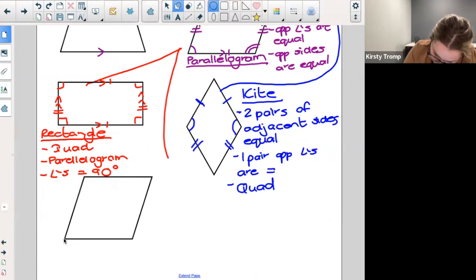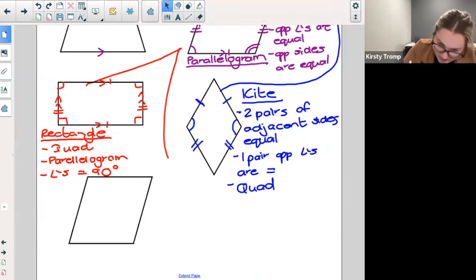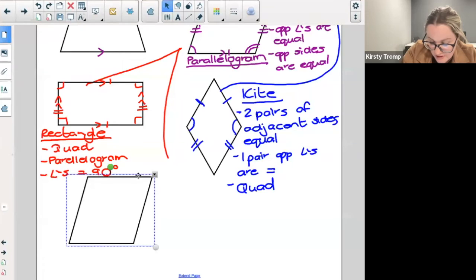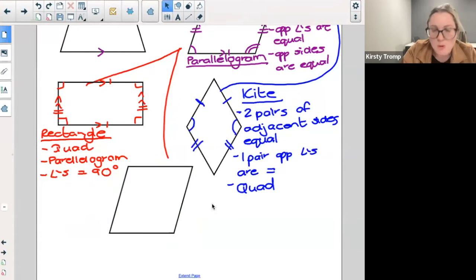So let's put it on its side. Somebody told me once that they think of this shape as a bullied square, and I think it's so clever to think of it this way.